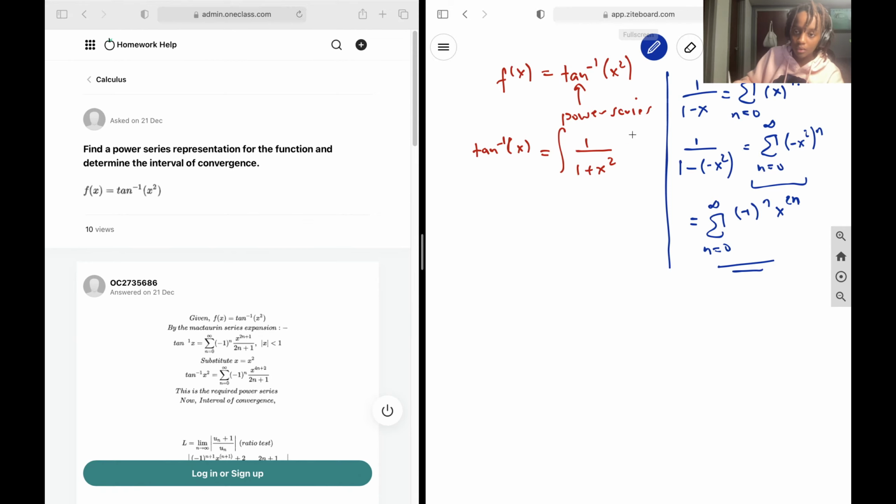So if you want to get the power series representation of the inverse of tan, we'd like to take the integral of what we have just written out because the two are equivalent. So -1 to the power of n x to the 2n.